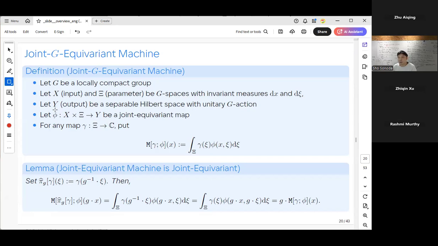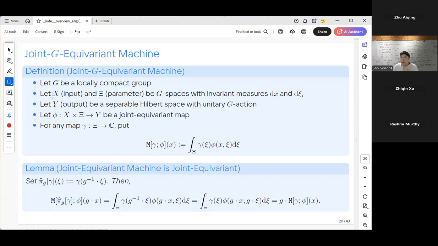And suppose the output space Y is a separable Hilbert space with unitary G action. Here I assume Y to be a Hilbert space mainly because we want to consider integration of feature maps. So this is essentially the extension of a continuous neural network.